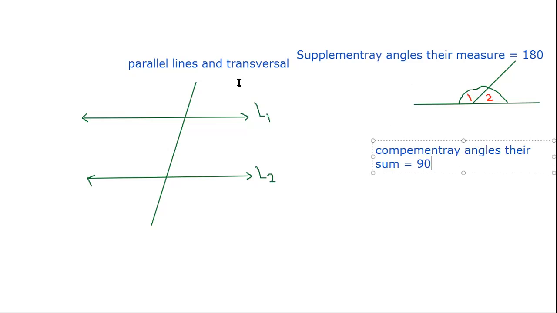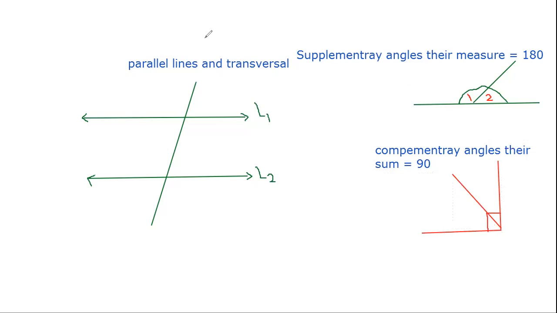And we can draw it like a right angle, and we can divide it. It's not necessary to divide it equally, but the sum of the two angles together should be 90 degrees.